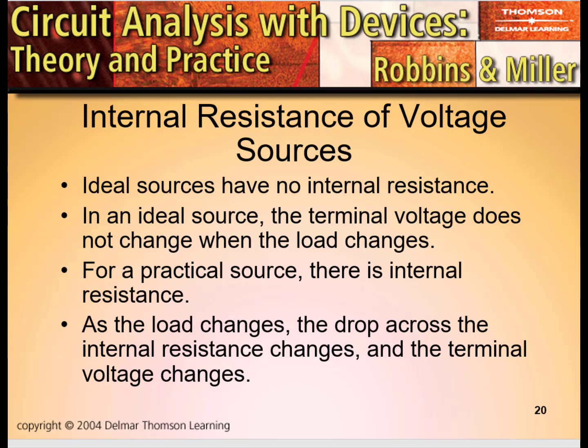In reality, there is no such thing as an ideal source. We often use it for simple circuit analysis. But when it comes to a practical source, it includes something called internal resistance. And in order to relate to that, let's say it's dark and you're looking at a vehicle with its headlights on in the parking lot.